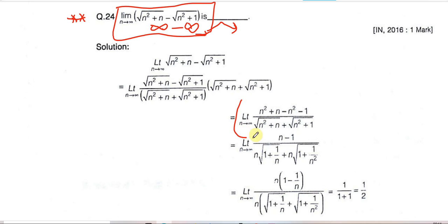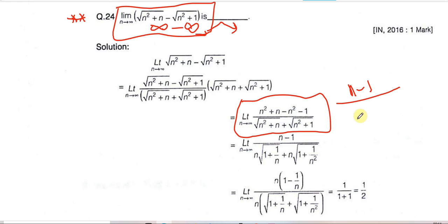Now after coming here, it is converted into n upon square root of n square plus n plus square root of n square plus 1.